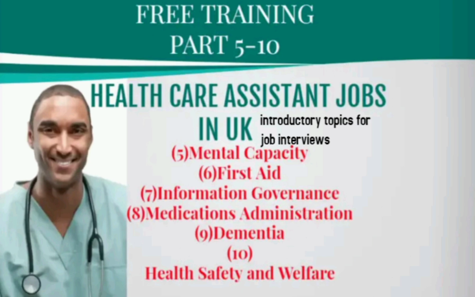The fourth one is, always put the person's best interest at the center of every decision. For example, if the person lacks capacity to make a decision, the patient's best interest must be the basis of all decisions made.